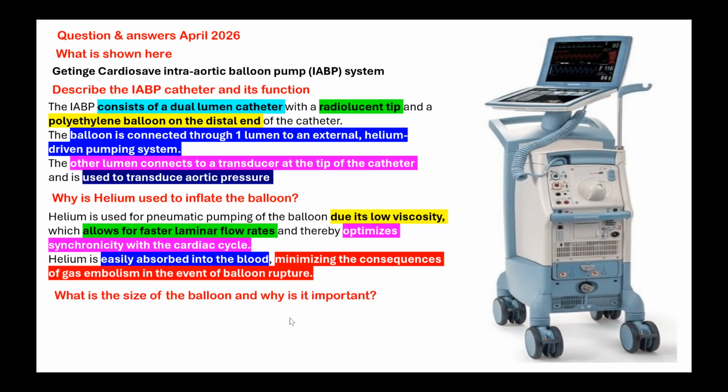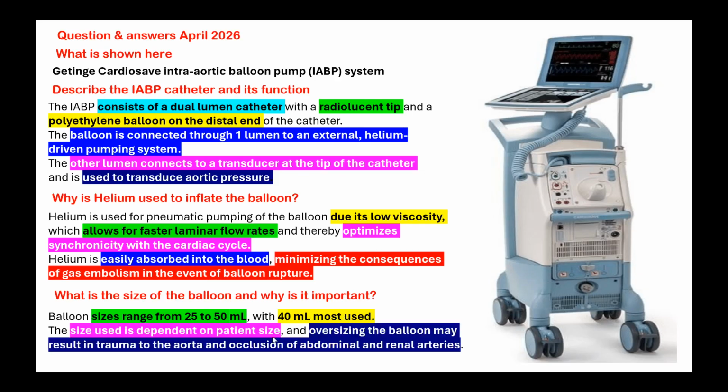What is the size of the balloon and why is it important? Is there a single size or multiple sizes? When the question is asked what is the size, there should be different sizes available. The sizes range from 25 to 50 ml, with 40 ml being the most commonly used size, and the size used depends on the patient size.